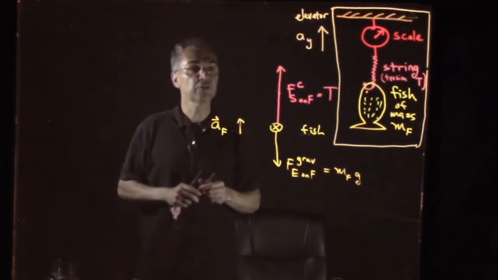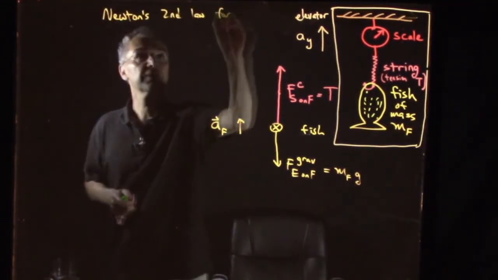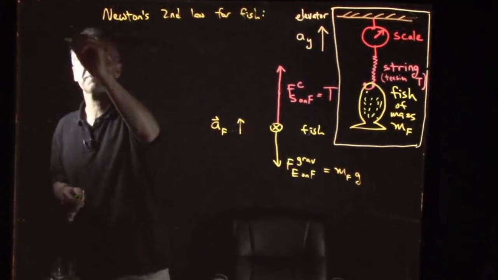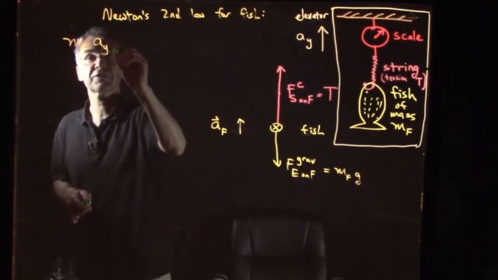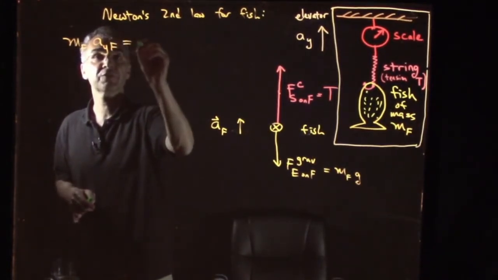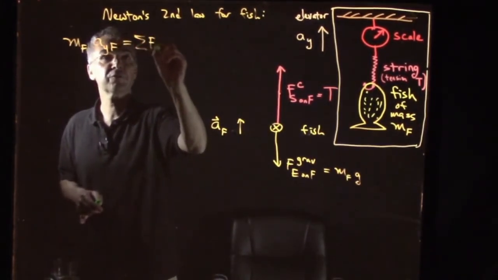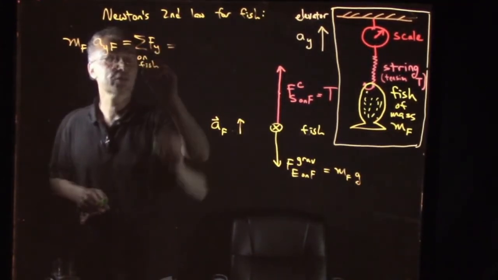If we write Newton's second law for the fish, it says the mass of the fish times the upward acceleration of the fish equals the sum of the forces in the y direction acting on the fish, up minus down.